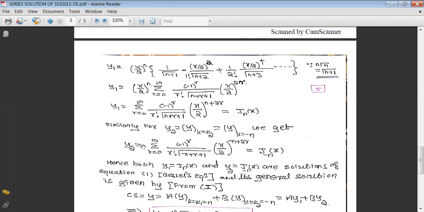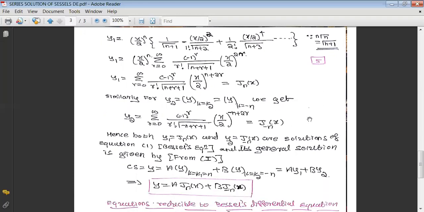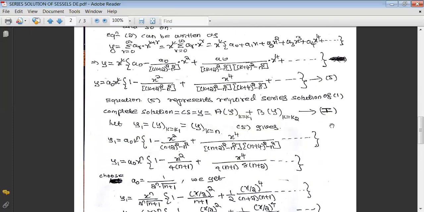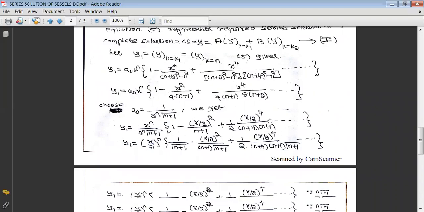Now this y1 and y2, or Jn(x) and J minus n(x), are two independent solutions of Bessel's differential equation, and their complete solution is given according to Roman number 1, that is capital A into y at k equal to k1 plus B into y at k equal to k2.